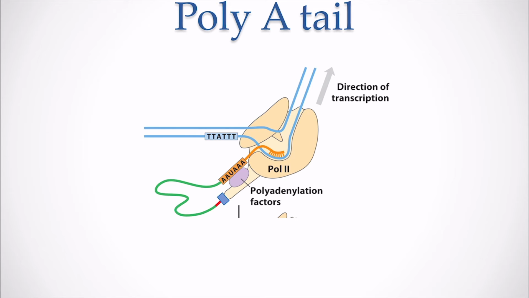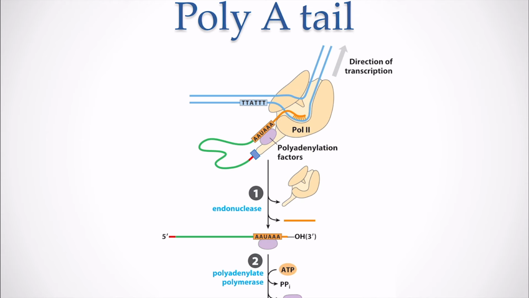Now, again, this is all going to happen at the C-terminal domain. So we have the C-terminal domain again, and you're going to get what's called polyadenylation factor that's going to attach at that region. This signals sort of the end of the transcript. What's going to happen is that your polymerase is going to be released through an endonuclease reaction.